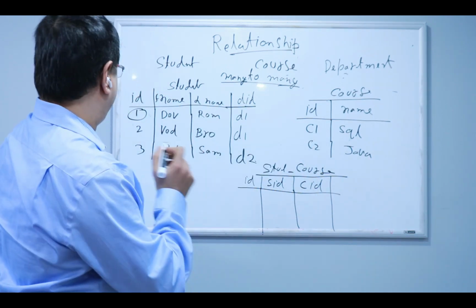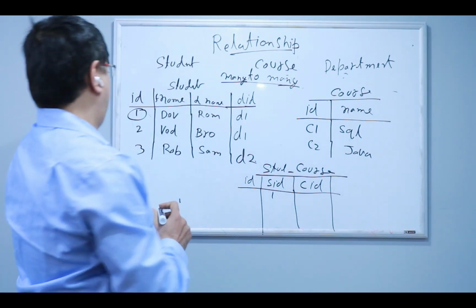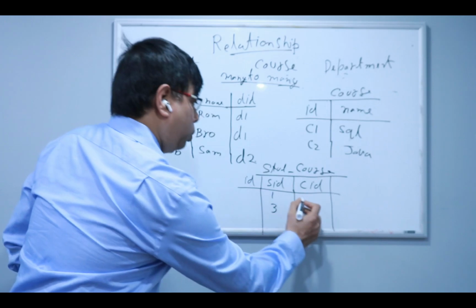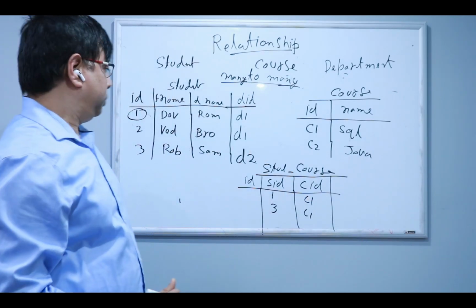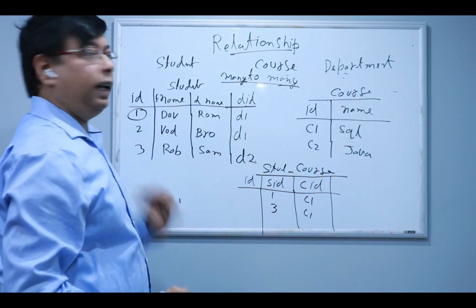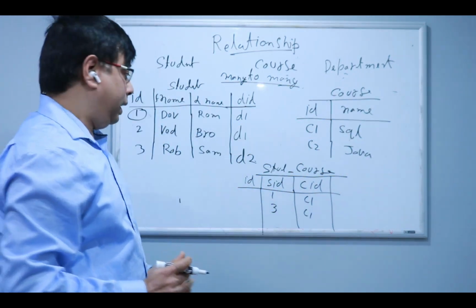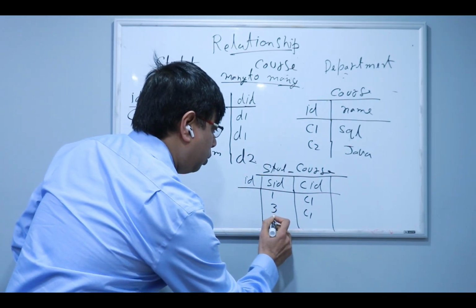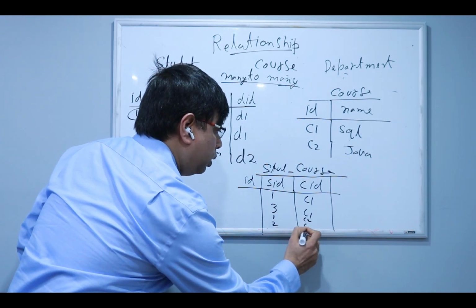So I can easily say Dave is my 1, Rob is my 3, taking SQL, C1, C1. And I say Ved is taking Java. And let's say Ved and Dave are taking Java. So I can say 1, 2, C2 and C2.